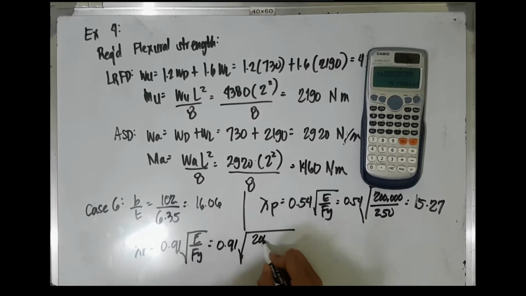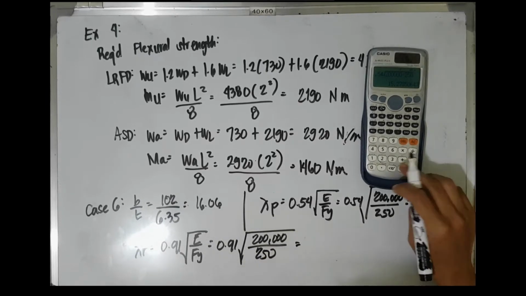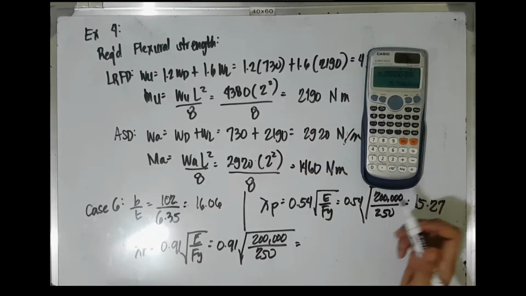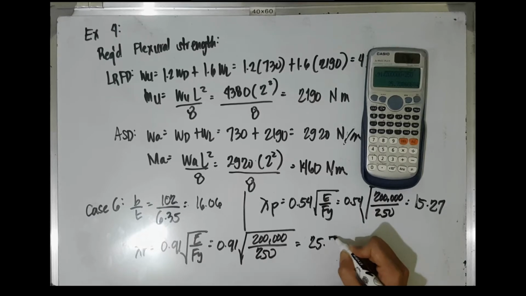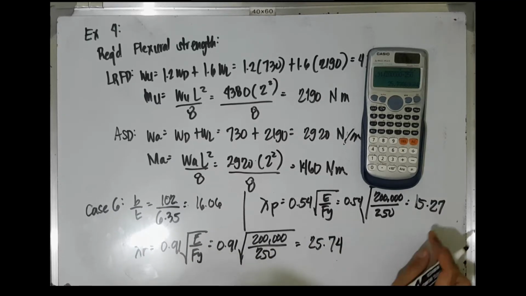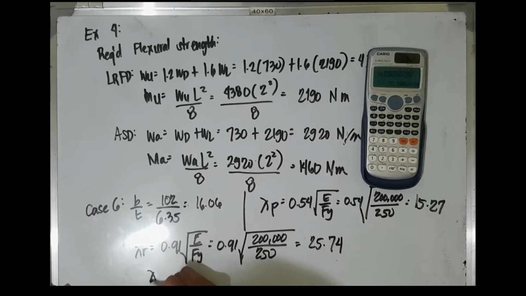Therefore, our lambda r would be equal to 25.74. Since our width thickness ratio is greater than our lambda p, but our lambda p is lesser than our lambda r, or I mean the width thickness ratio is lesser than our lambda r, therefore, the leg is non-compact.